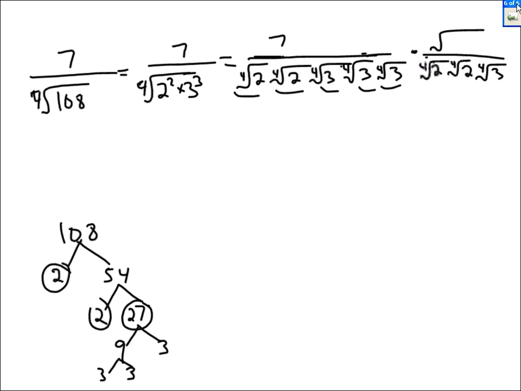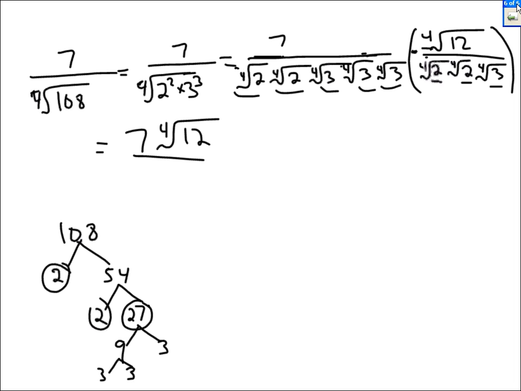If you multiply 2 times 2 is 4, times 3 is 12. The top is just the fourth root of 12. What's in this bracket right here is simply the number 1. I multiply the tops. I get 7 times the fourth root of 12.